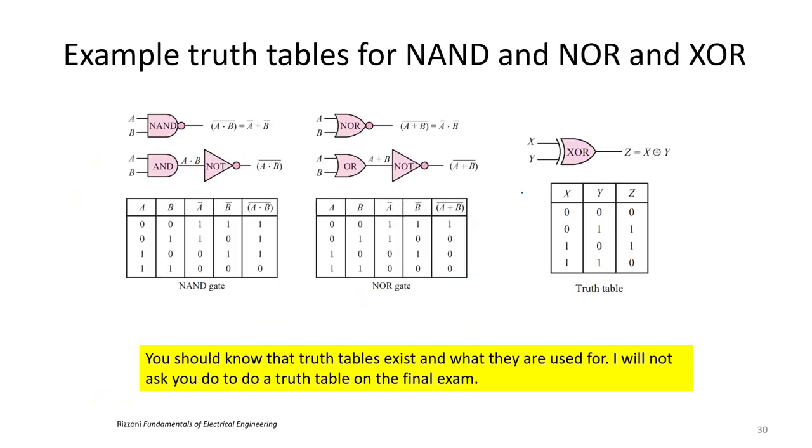Here's some examples of what the truth tables would look like if we had the NAND, NOR, and exclusive OR. So you can see what happens is if we take the AND and we follow it with the inverter, then we do indeed invert our output in the finished result.